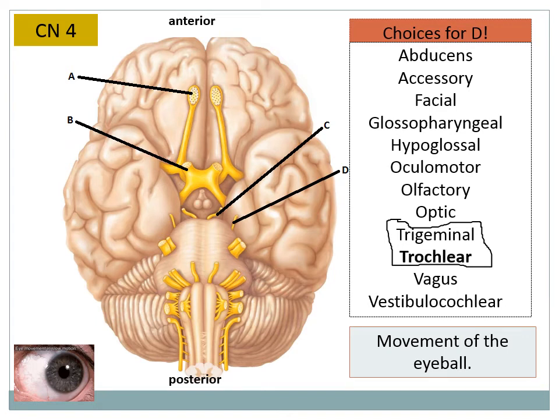I remember that it has to do with movement of the eye because it has the word clear in it, if you take away the H. And you remember clear eyes, right? So we can remember the first three O's in a row: olfactory, optic, then ocular motor, and now we have trochlear for number 4.